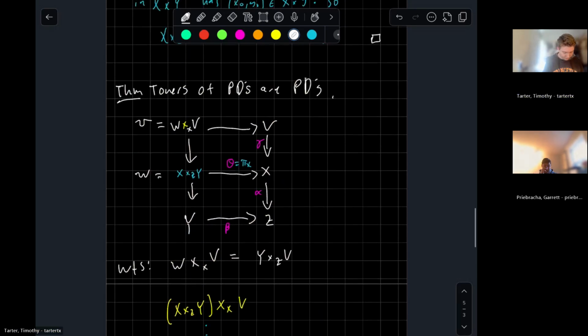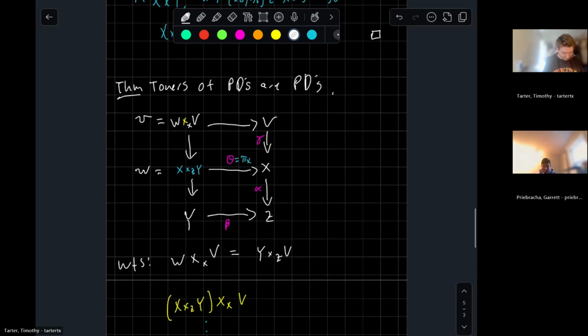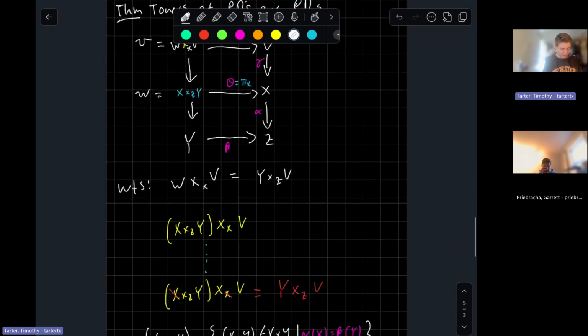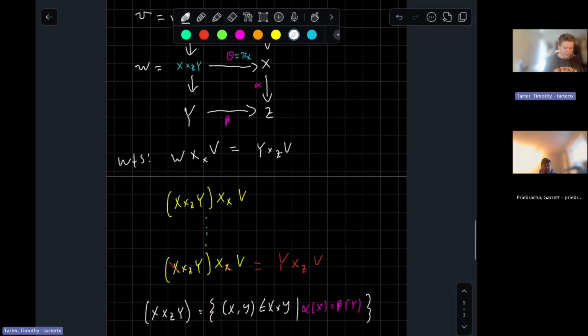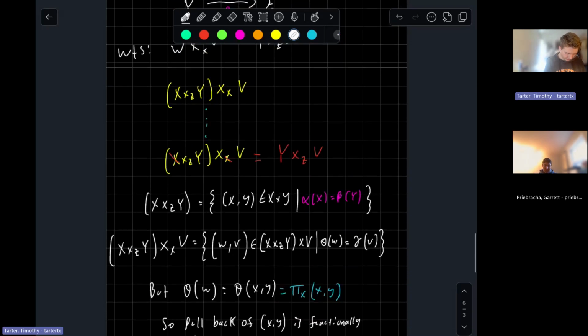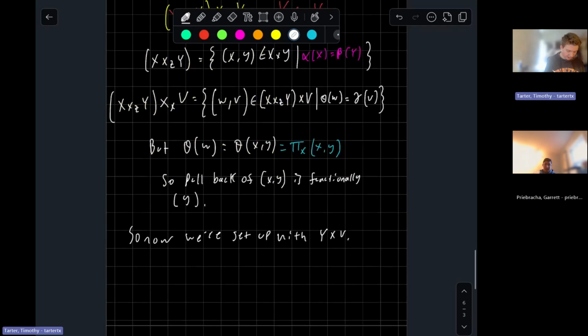Yeah. And we already have that for free because gamma goes as the composition of gamma and alpha, right?